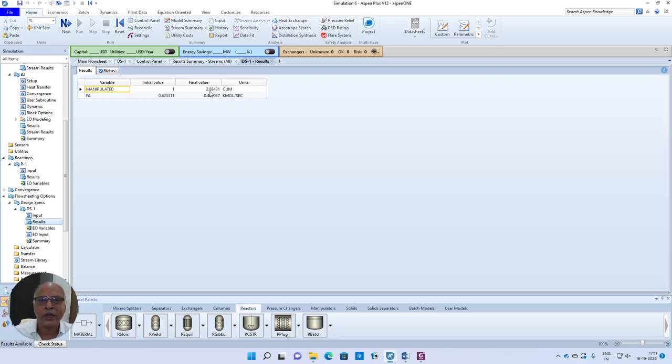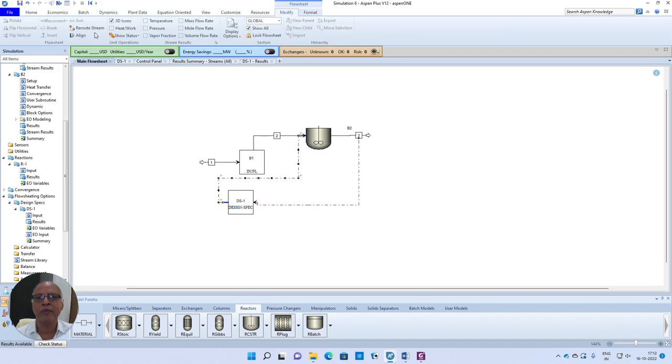But when the volume of the reactor is about 2.88, then the outlet flow rate is 0.4. So what is the conversion? 1 minus 0.4 equals 0.6. So we got to our requirement. The volume of the reactor that gives you the required conversion of 60% is calculated as 2.8843.